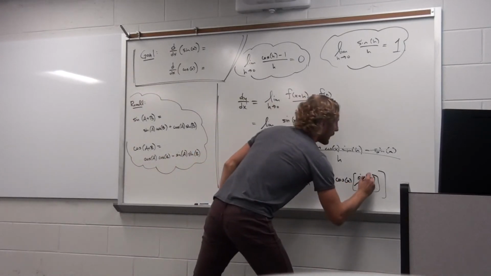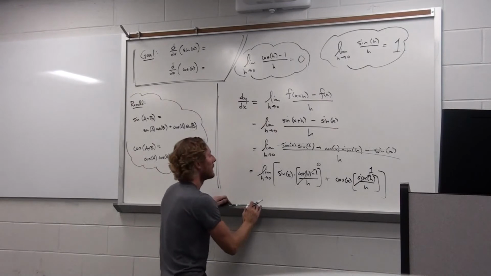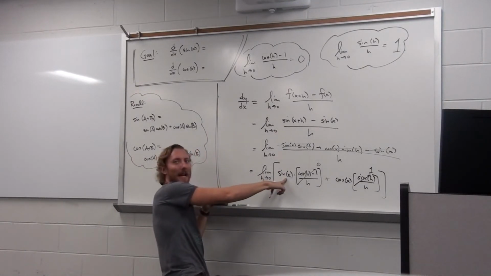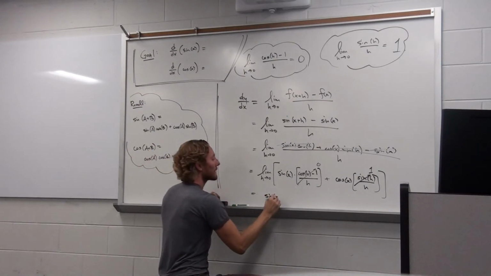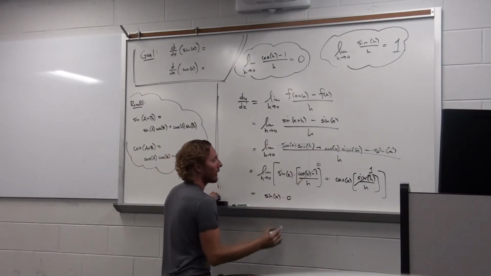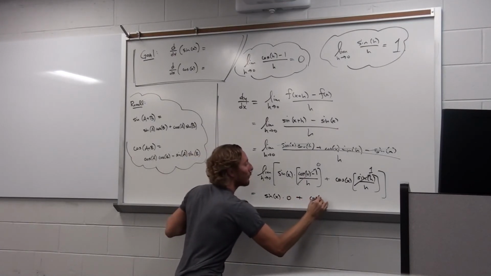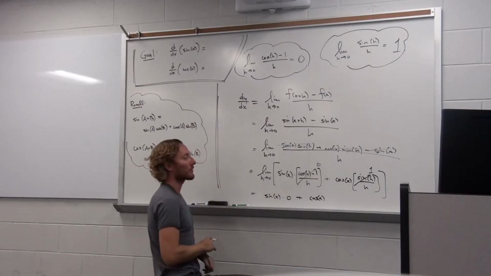That approaches 1. So when you rewrite this, and you incorporate the limit, you now have a sine x, which doesn't involve h at all, so that is just sine x, times 0, plus a cosine x. That doesn't involve h either, so as h goes to 0, cosine x is just cosine x.